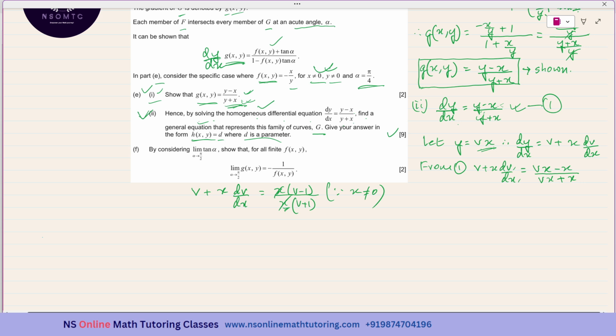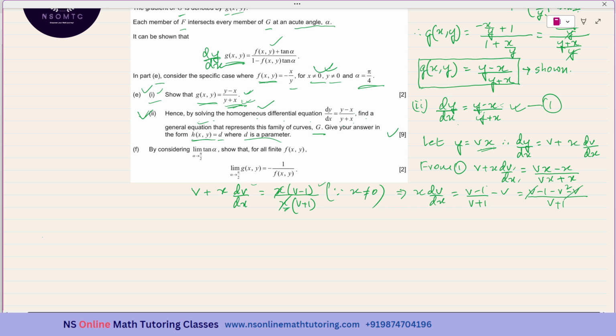Okay, and then I can write x dv by dx is equal to v minus 1 over v plus 1 minus v. I am subtracting v from both the sides. So this is equal to v minus 1, and v times v is minus v square and minus v over v plus 1. I'm making v plus 1 the common denominator for both the terms, and I'm writing them together. Okay, so this and this, they will be getting cancelled.